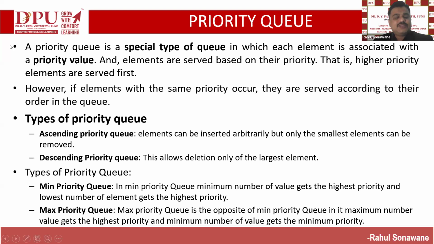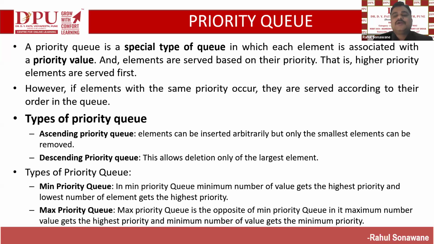Right? So this priority queue is actually a special kind of queue in which every element will be associated with some priority value, right? Most of the time we see some integer value or any kind of information associated with every element within the queue. And if we deal with integer values, then one can say the lower priority value carries the higher priority.